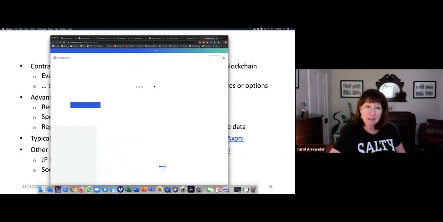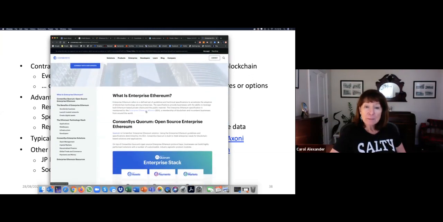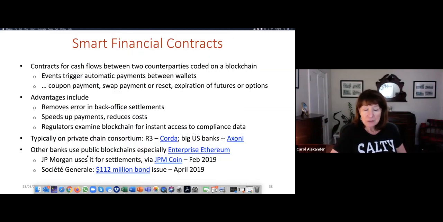Other banks use public blockchains, especially Enterprise Ethereum. That is a way of allowing big companies to use the Ethereum mainnet, and a testnet, of course. JP Morgan uses Enterprise Ethereum for settlements, and they've actually issued their own coin. I think we're going to see more and more of that coming.